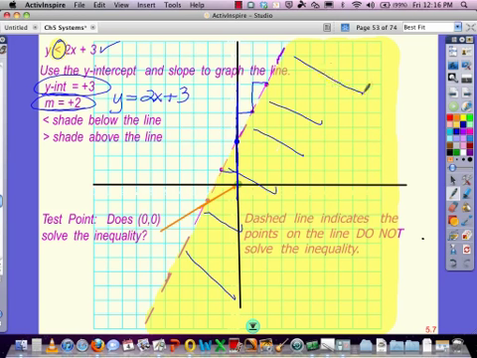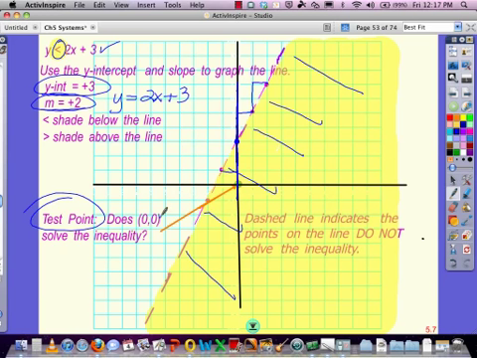The other way that you've probably done this in the past is what we call a test point. You can take a point on either side of your line and choose one that's easy. So 0, 0 is a lot of times chosen. And you would check to see if that 0, 0 makes the equation true or false.